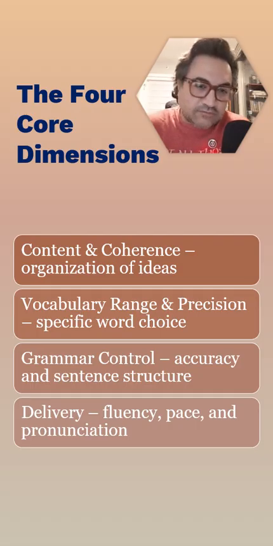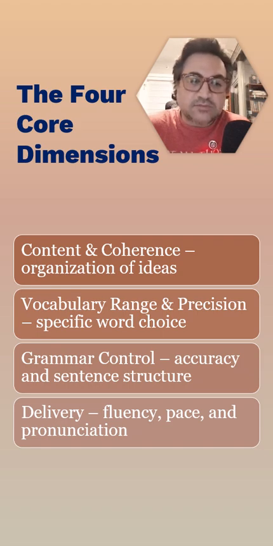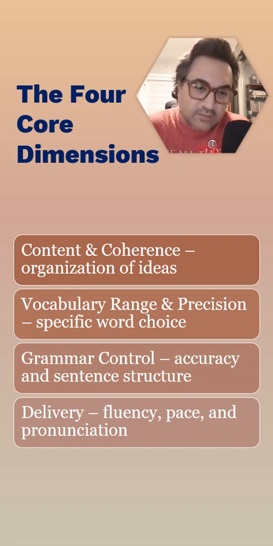And organization of ideas, you can just guess that they are talking about how your ideas are connected with each other, transitions and cohesive devices and transitional devices. Then it comes to vocabulary. In vocabulary, they pay attention to range and precision.